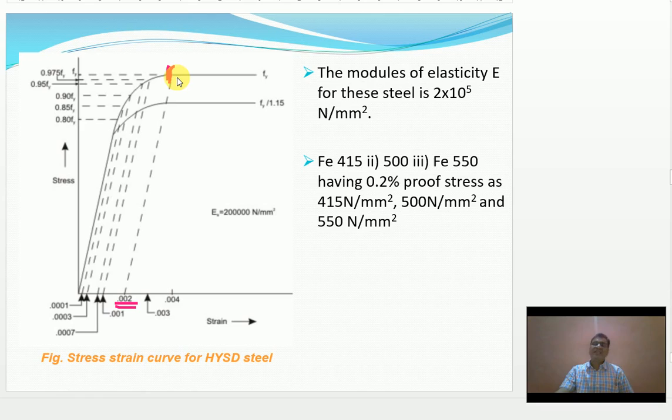So when we say Fe415 or 500 or 550, these numeric values are nothing but the 0.2% proof stress. That is the procedure to determine it. In the HYSD case, steel bars also, the E value is considered as 2 into 10 raised to 5.